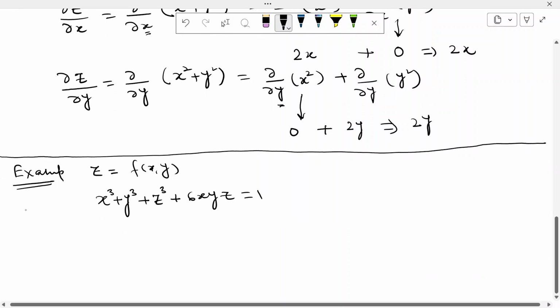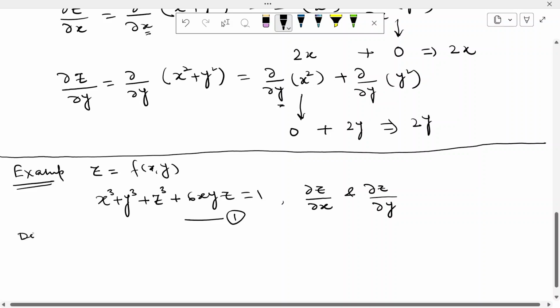Now what we have to do is find the partial derivative of z with respect to x and the partial derivative of z with respect to y. Let us consider this our equation number 1.